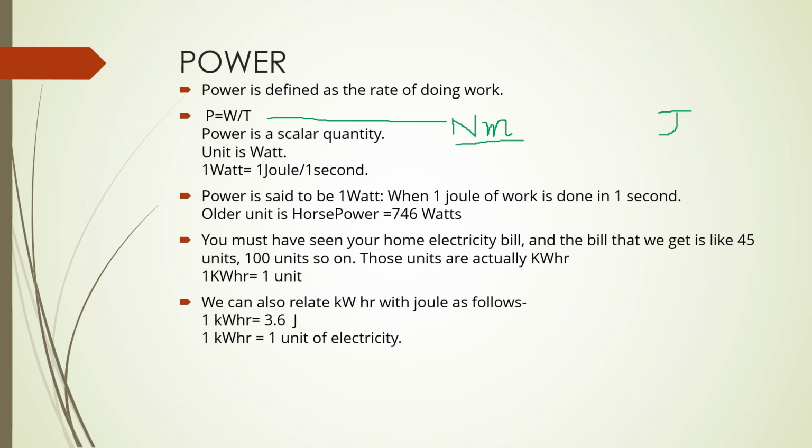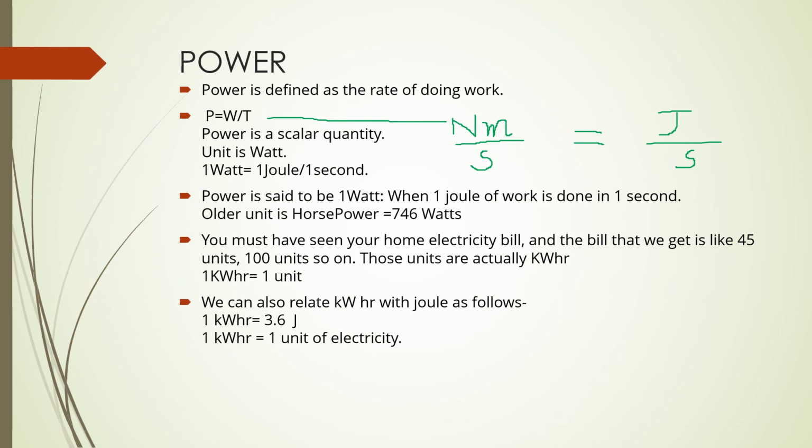T means time, and the unit of time is second. Here also we divide by second, so that is equal to newton meter per second or joule per second. In both ways you can write, both are equal. Newton meter per second or joule per second is the unit, that is 1 watt.